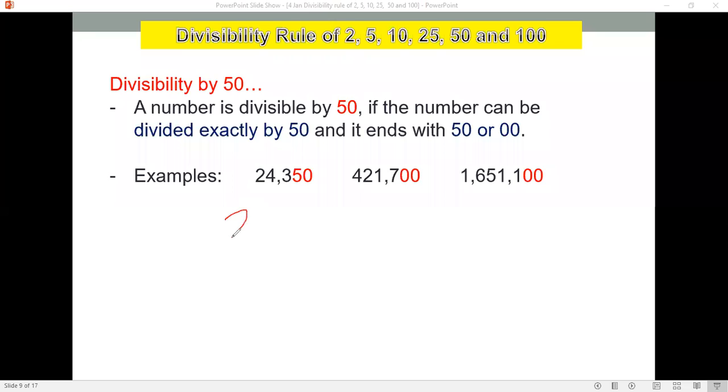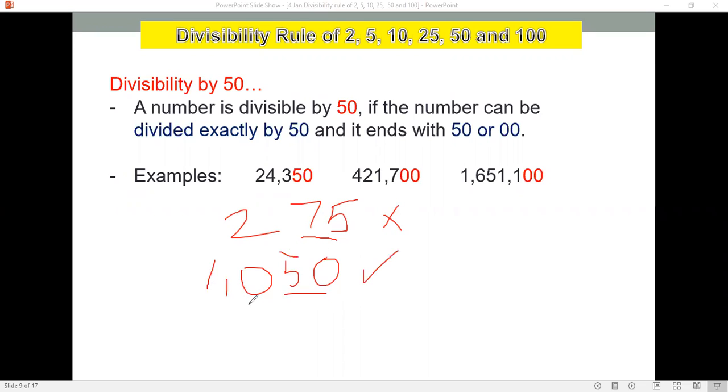Another example is 275. Is this divisible by 50? No. Why? Because it doesn't end with 50. How about 1,050? Yes, because it ends with 50. Okay?